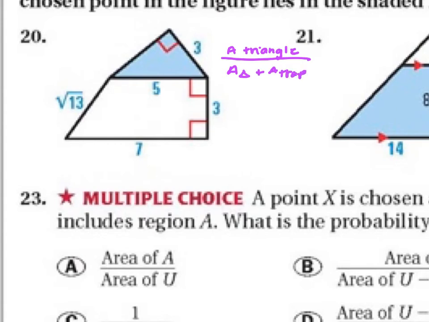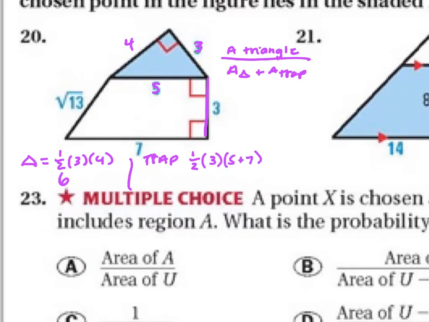So the triangle, I have 3 and 5. The height here would be 4 because that's a right triangle. So the area of the triangle would be 1/2 times 3 times 4, or 6. And the trapezoid would be 1/2 the height, which has to be the perpendicular distance, 3, and then 5 plus 7. 1/2 of 12 is 6, and 6 times 3 is 18.